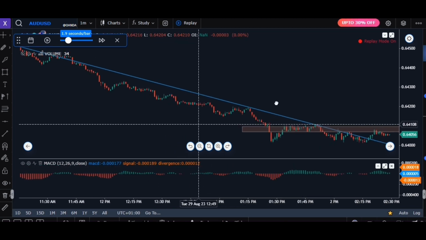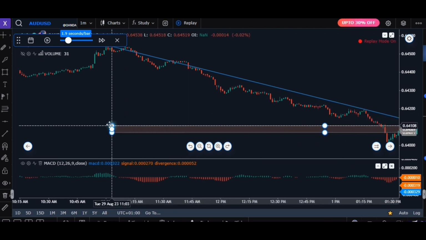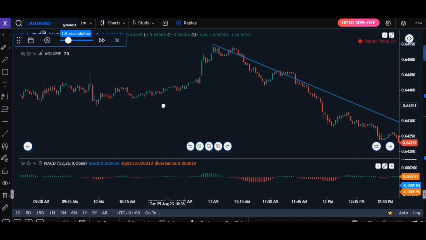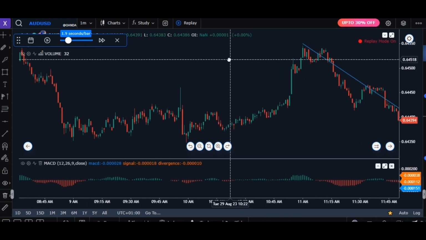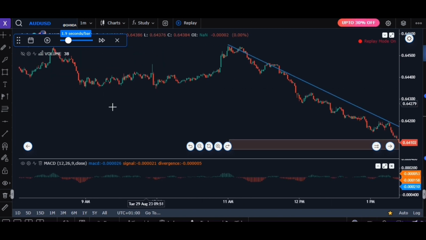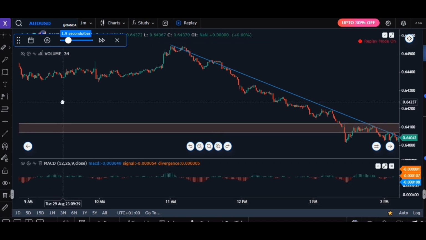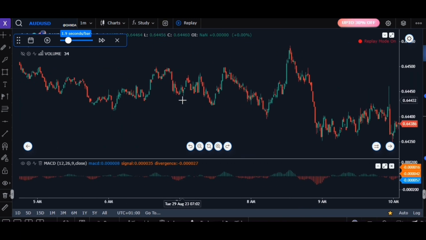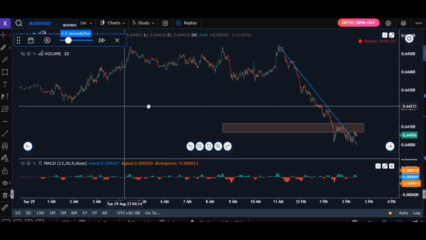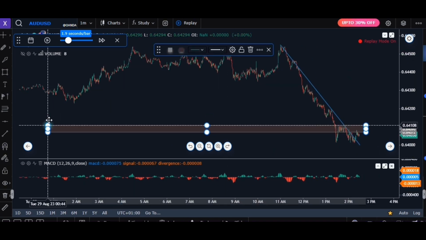If we check, let's see. If we go back enough, we'll notice that this was a key level.